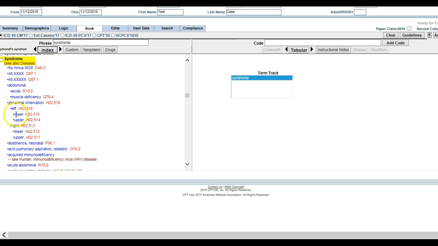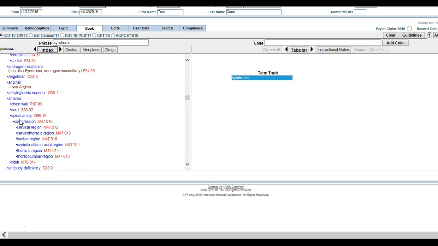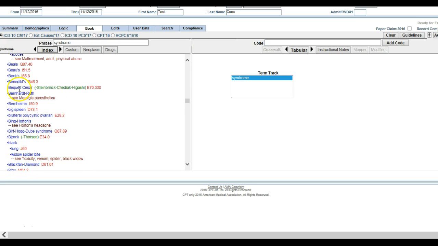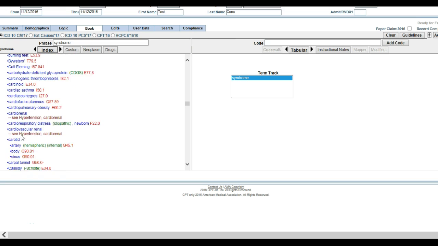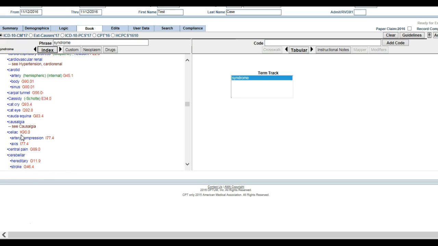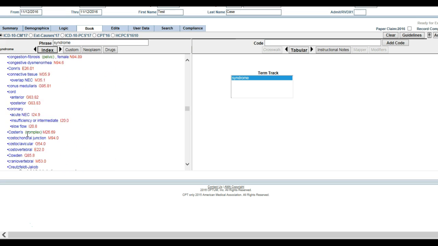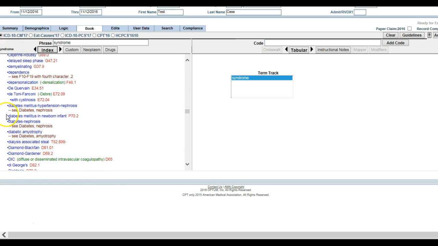So now that we're in the A's, we're going to try to locate the F's so that we can pull the Fragile X. I'm going to continue to scroll, and for you, you will probably be going several pages over from the word syndrome alphabetically until you get to your F's. And then as you can see, the words are indented.